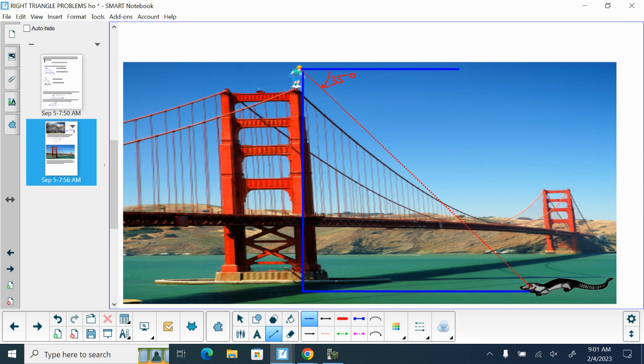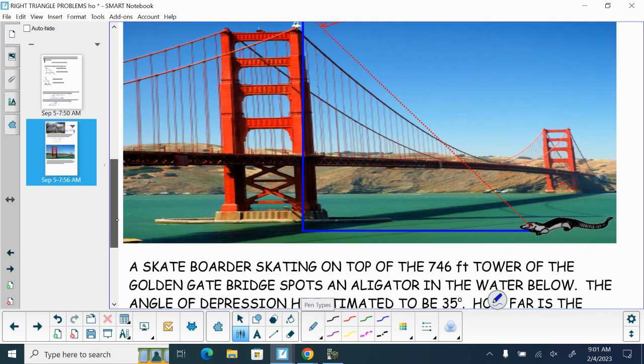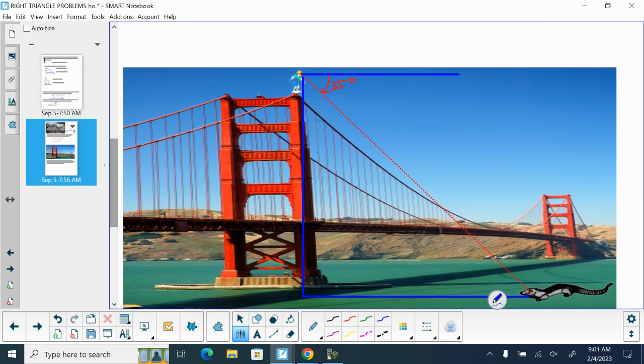So the height of this tower is 746 feet, and we want to find what this distance is. Now the problem we run into here is I have my triangle that I formed, and it's a right triangle, so I can use sine, cosine, tangent.